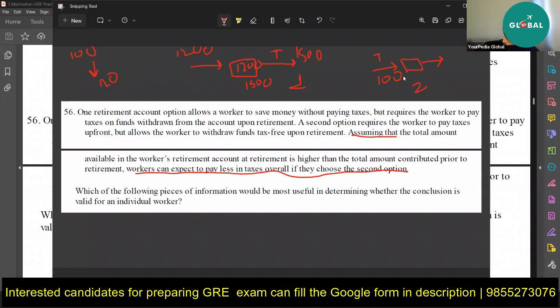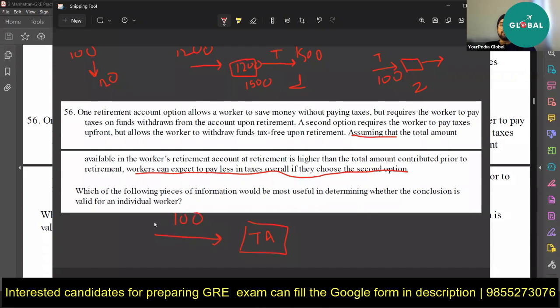Monthly he's giving tax. So we are assuming the same tax on this 1500 when he's extracting everything out in one go. Do you understand my point? He's putting money in this tax account.